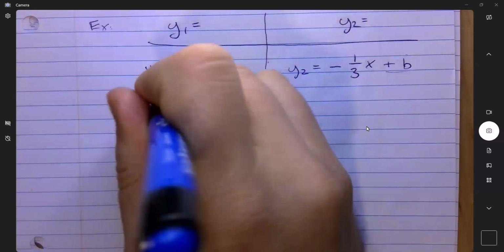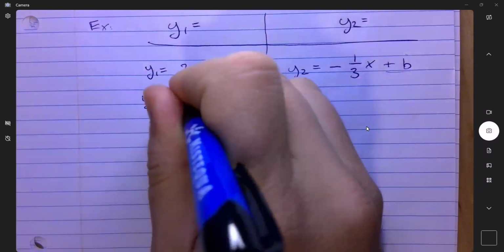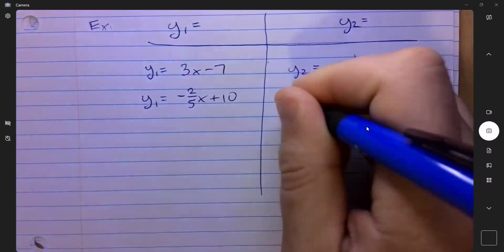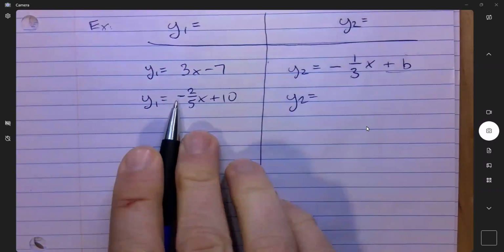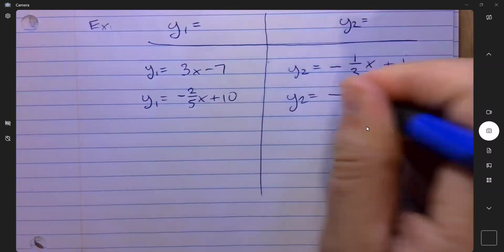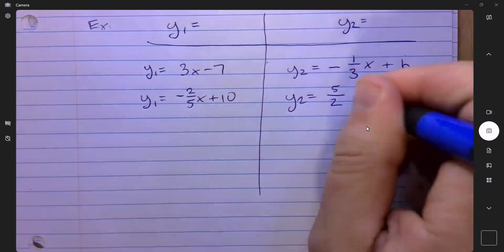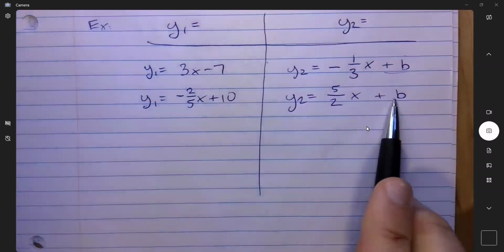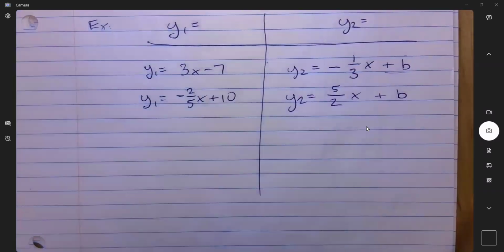If my y1 is -2/5 x plus 10, then y2 is the opposite, so it's going to be positive. Flip the fraction, 5/2 x, and again, an unknown y-intercept. Now I can figure that y-intercept out, I just don't know it yet, if I have a little bit more information.